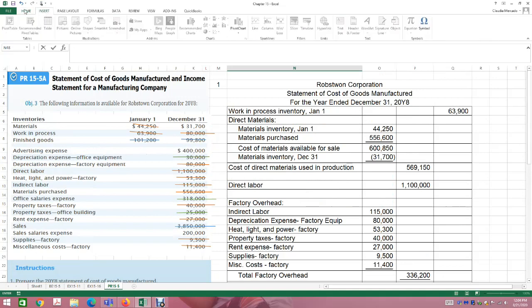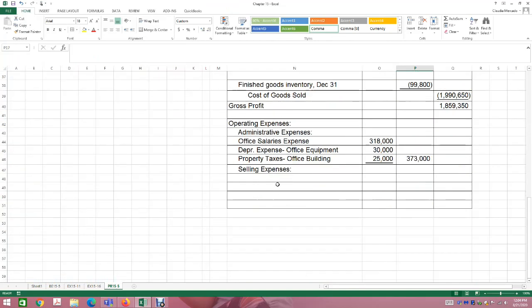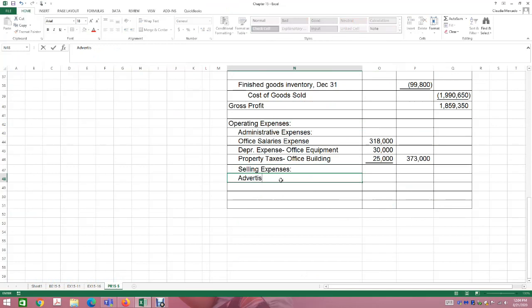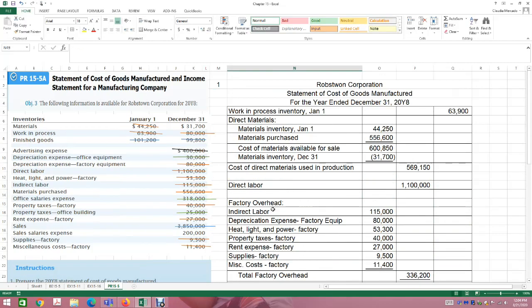That's the big one. Let me mark that off. We have advertising expense of $400,000. And then we have sales salaries expense.